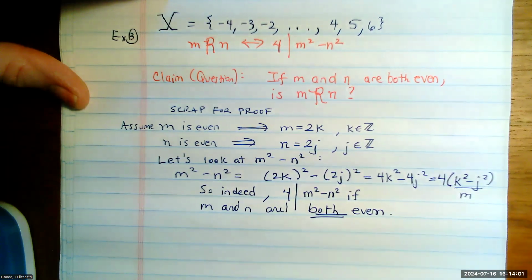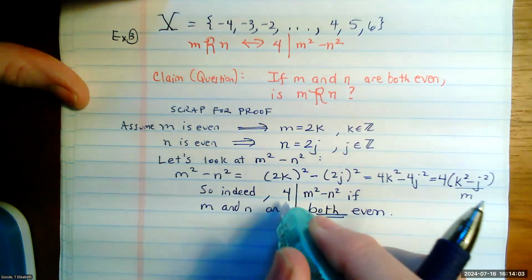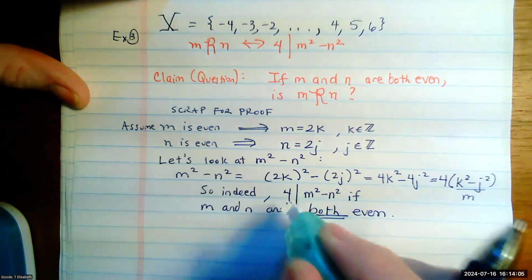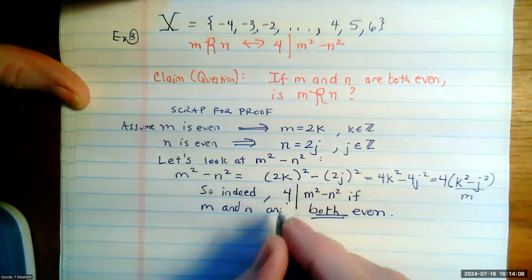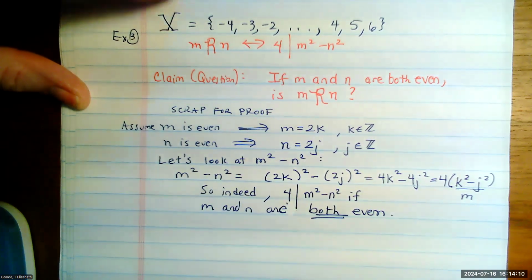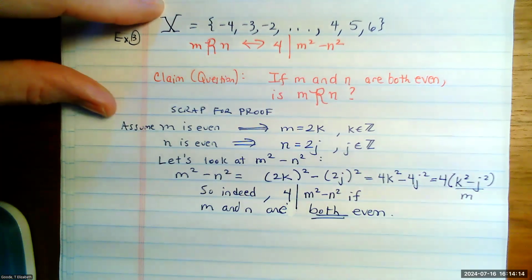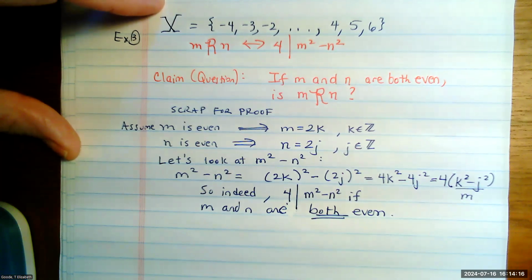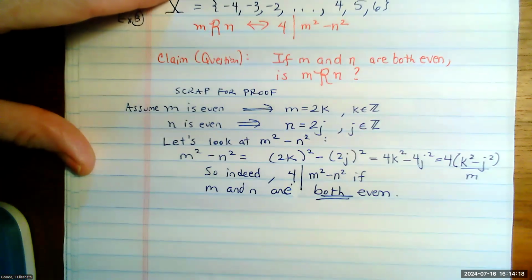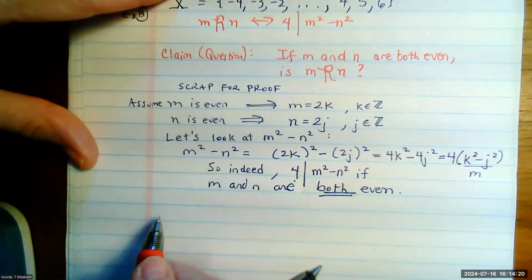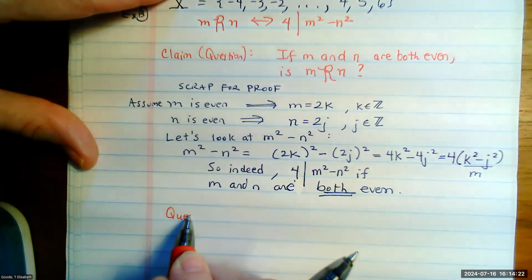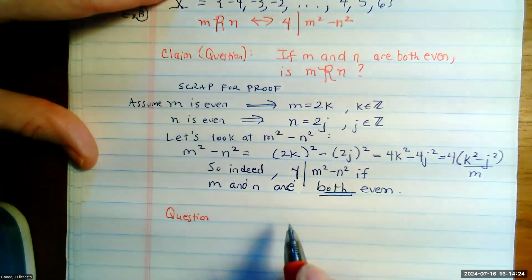Now, we can't just automatically assume that because it worked out when M and N are both even, it's going to work out when M and N are both odd. We kind of like to check it out. So here's a question.